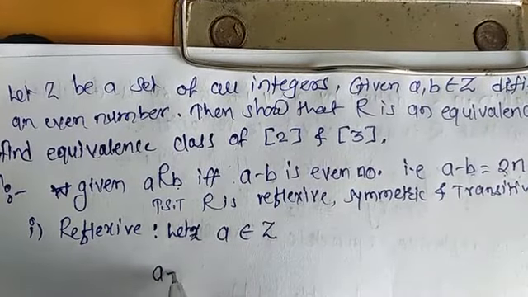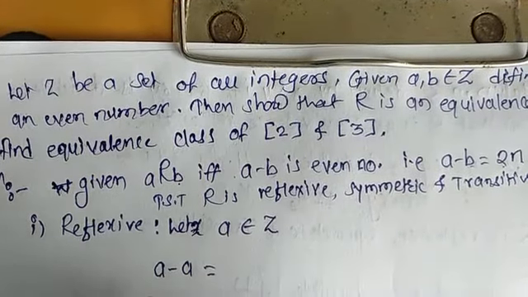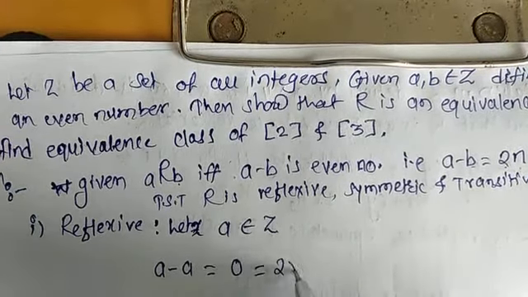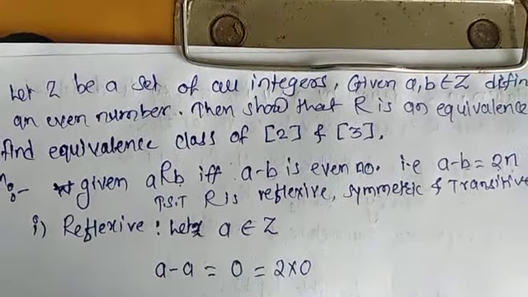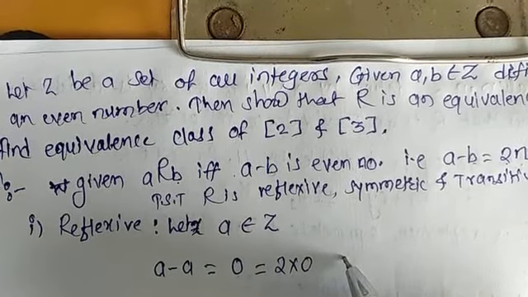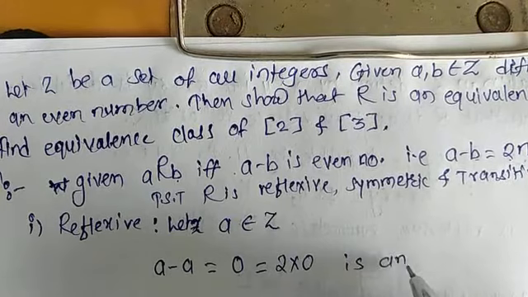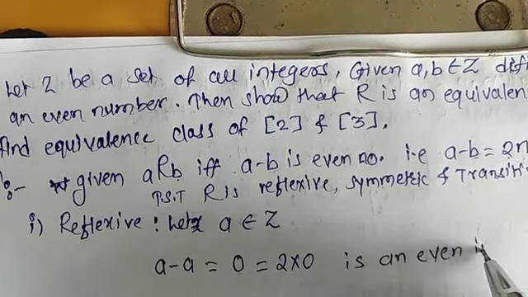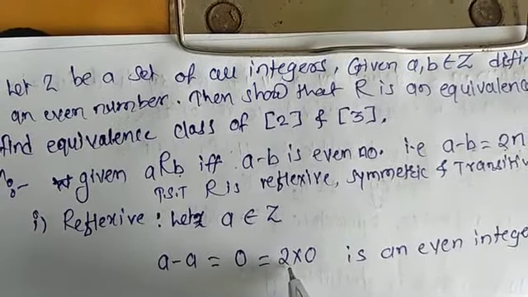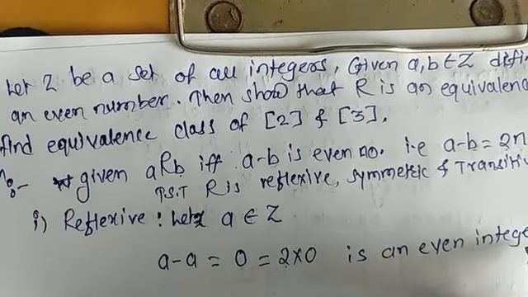Now a minus a is 0, and 0 can be written as 2 into 0, which is an even integer. So a minus a can be written as a multiple of 2, so it is an even integer.